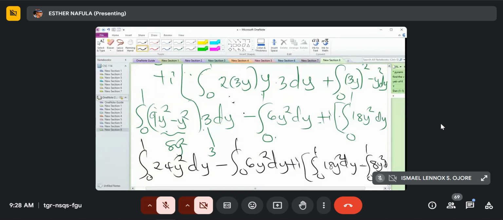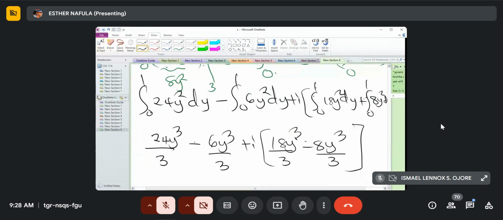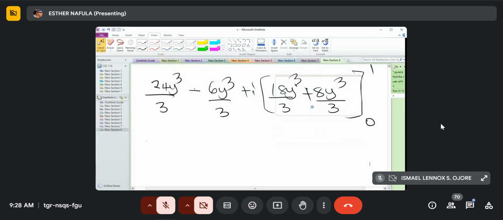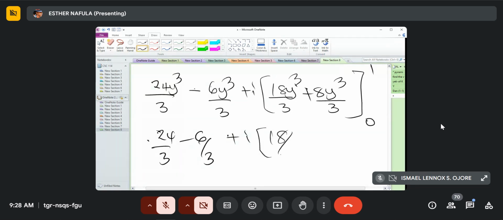If we simplify the last bracket, this will give us 8y squared dy, so plus this. So we have a plus here. Then we are evaluating between 0 and 1. If we substitute the values of the limits, this should be 24 divided by 3 minus 6 divided by 3, plus i times 18 over 3 plus 8 over 3.